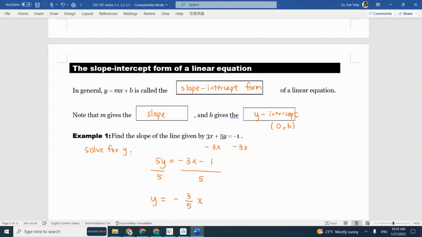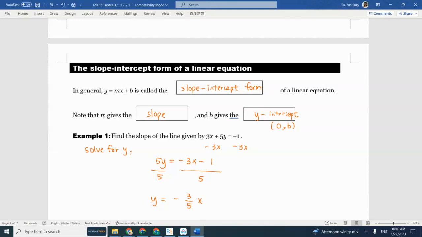But I want to write it as negative 3 over 5 times x, because the slope is the coefficient of x. That's why you want to separate the x and then note the coefficient. Terms are separated by plus or minus.